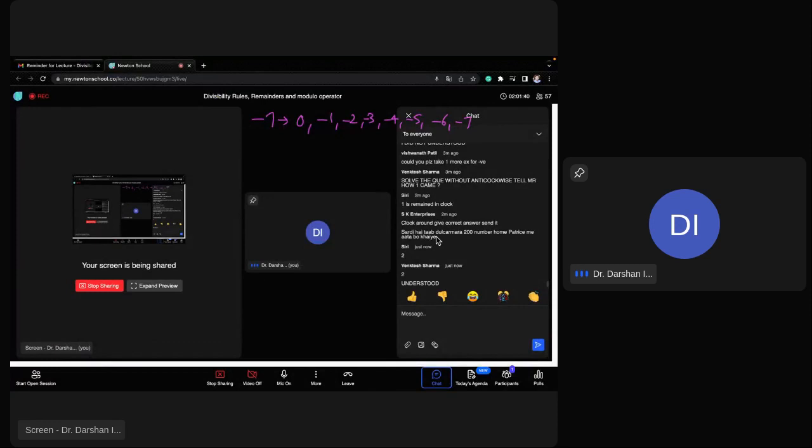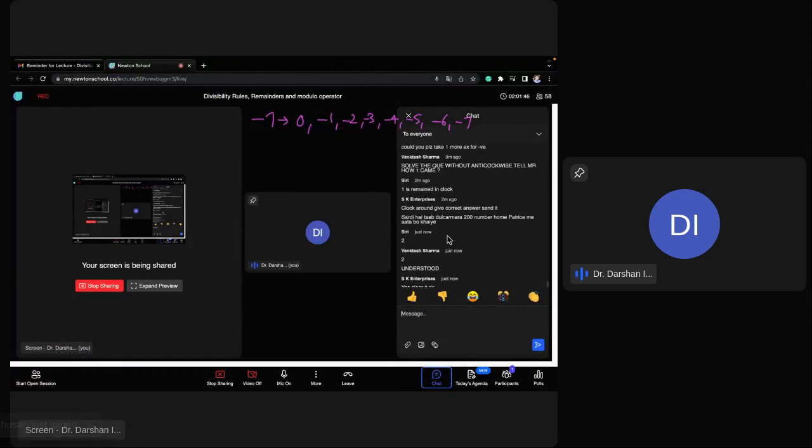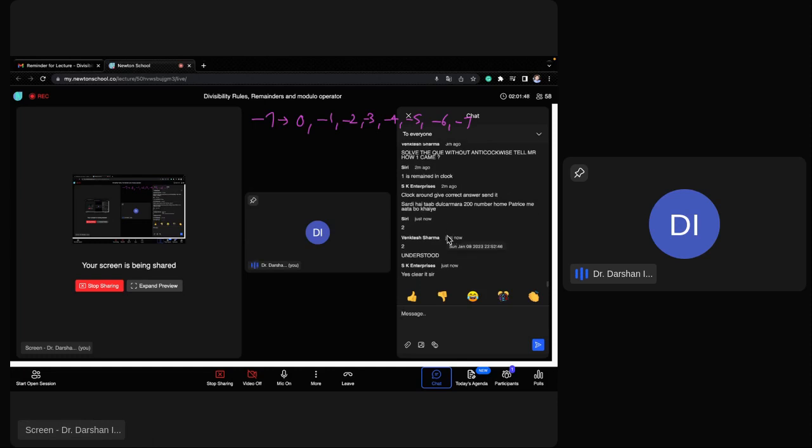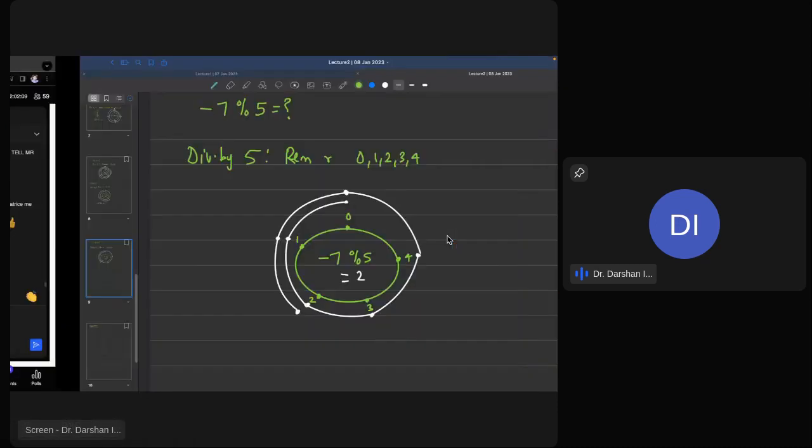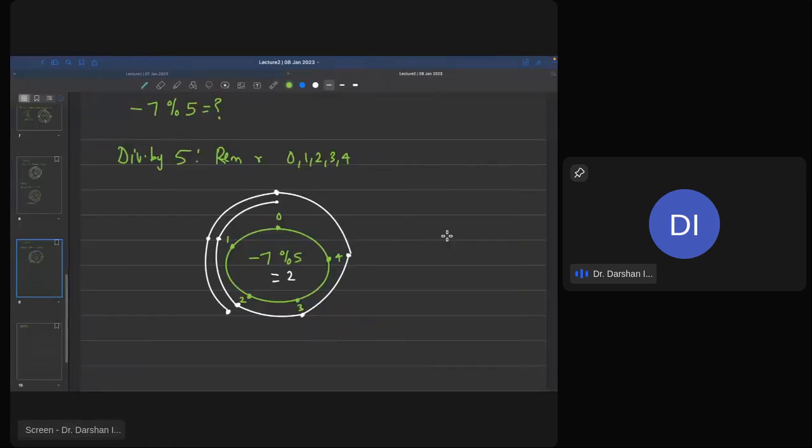Okay. So understood. Now I will solve the same problem as Venkatesh Sharma asked without using anti-clockwise. To Rahul Raj also it is clear. Very good. Now, the next thing is, we have to understand how to solve this for negative numbers.